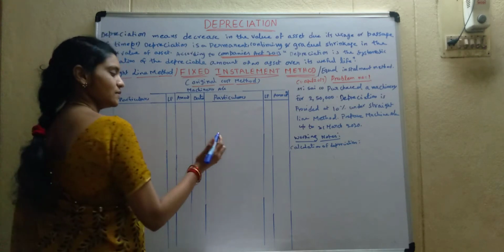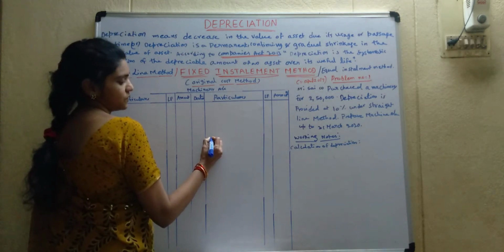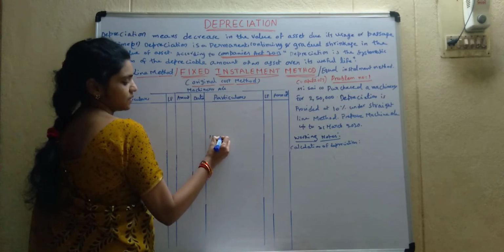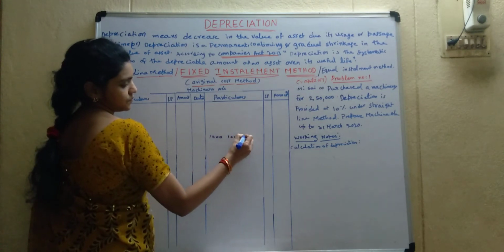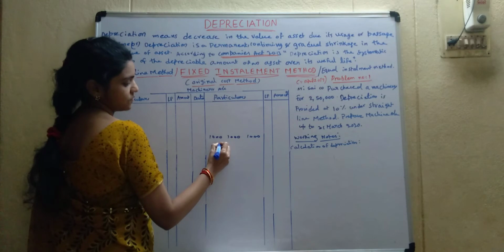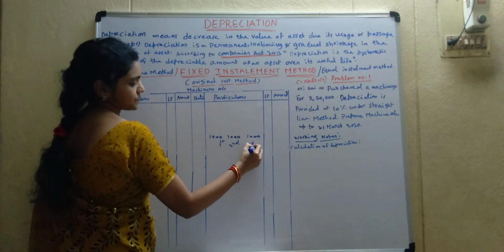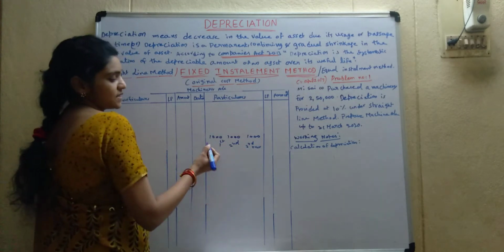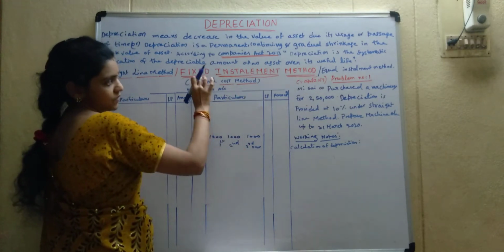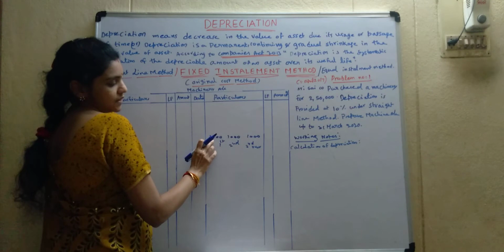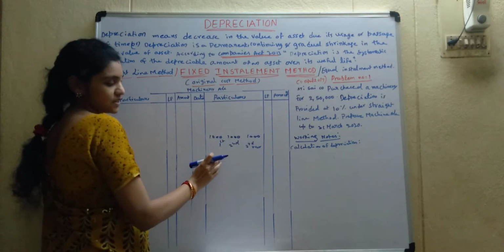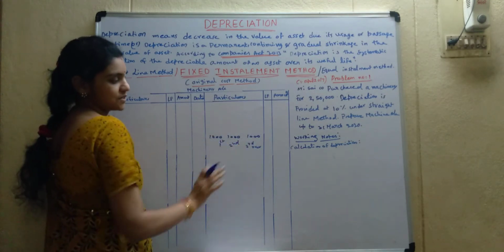For example, if you charge depreciation for the first year, second year, and third year, we charge a fixed rate. So it doesn't change: first year 1000, second year 1000, third year 1000.